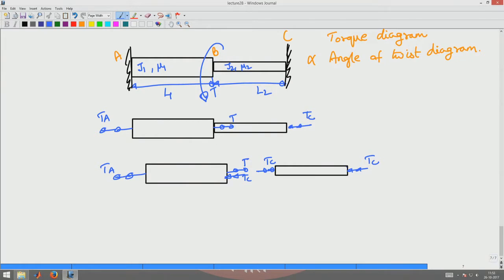Okay. So in member AB, the effective torque is T minus Tc, and the torque in BC is Tc. Okay.